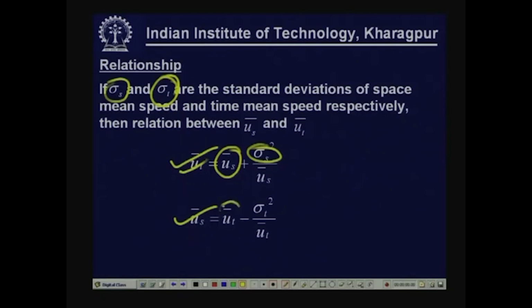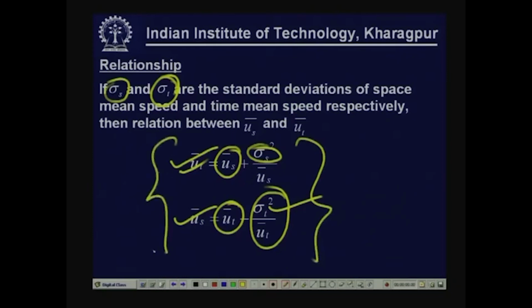If you know the mean and the variance of the time mean speed, you can calculate the space mean speed, right. So, these two equations one can remember, to get time mean speed when the space mean speed and its variance are known, and the other way also, if you know the time mean speed and its variance, you can calculate the space mean speed.